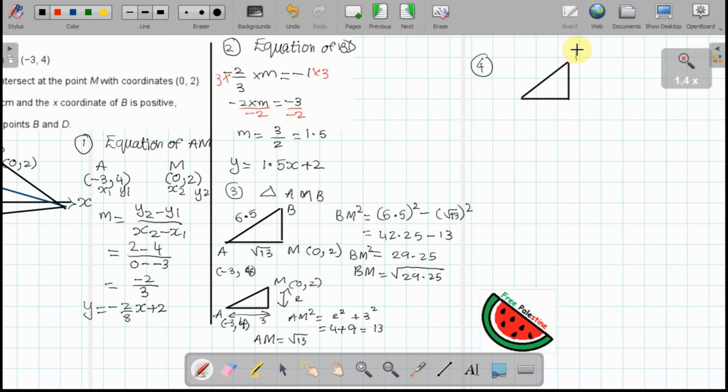So I'm going to say this is B. The coordinates of B I'm going to call x and y. And M, we know the coordinates are 0, 2. And BM, we know its length is root of 29.25. We just worked this out. So the width of this is going to be x minus 0, which is x, and this height would be y minus 2. So using Pythagoras' theorem, I can say x squared plus (y minus 2) squared is equal to root of 29.25 squared.